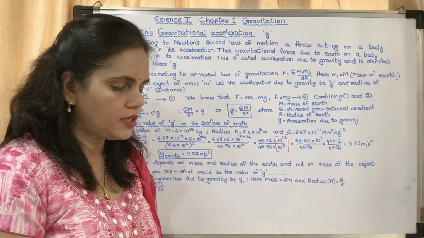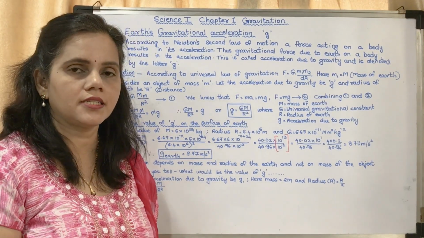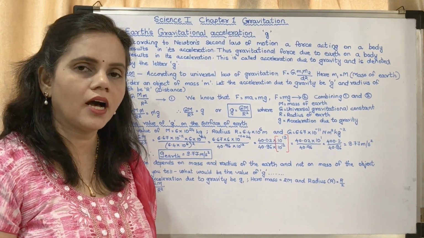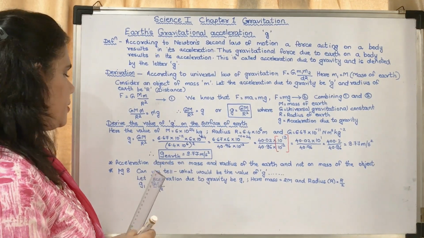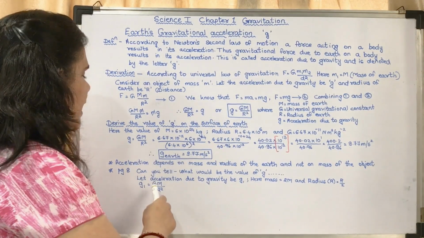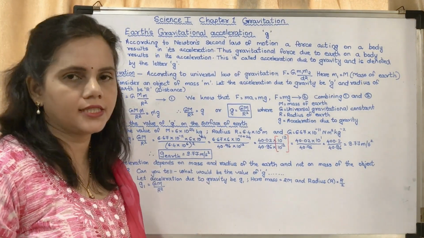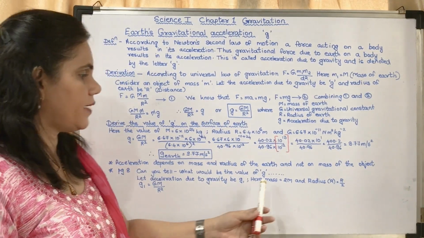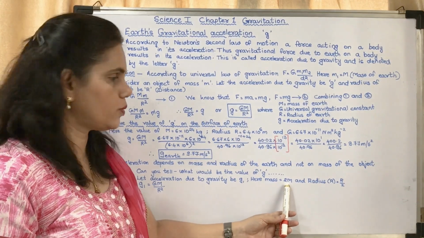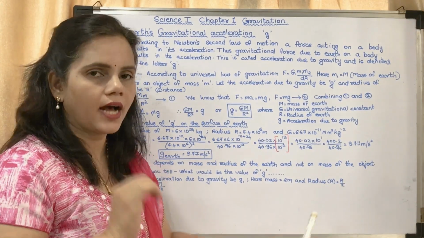That question was asked last year in some of the schools. So you may see how to calculate it. Here in this question you have to find out the acceleration due to gravity g. What will happen to g if the mass is twice and the radius is half?